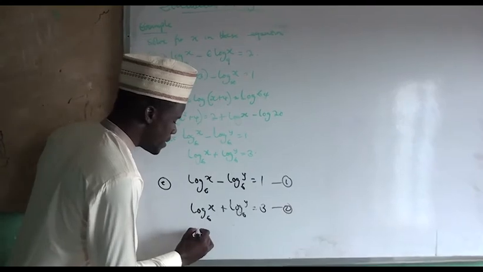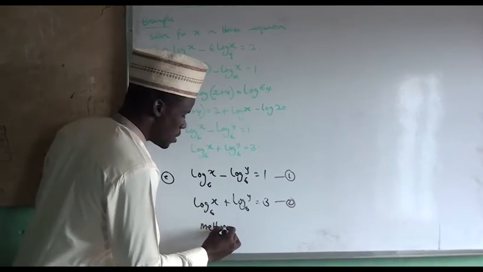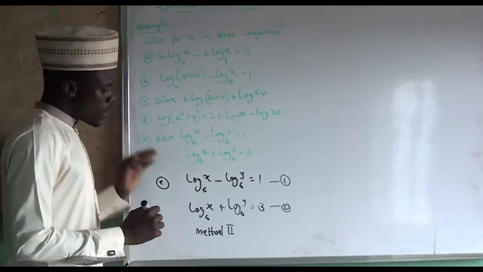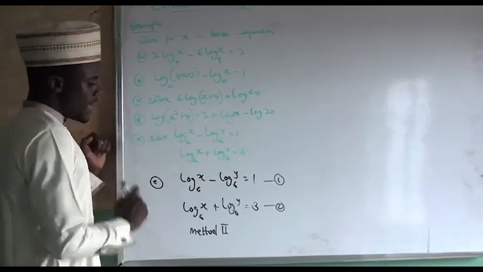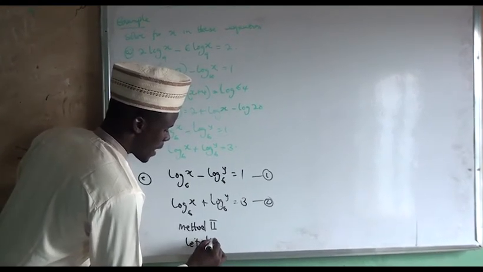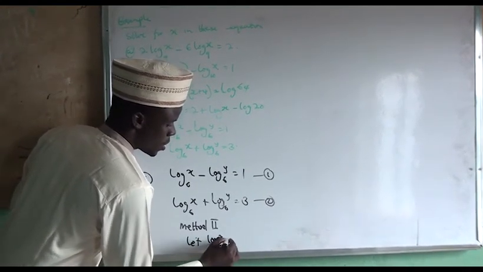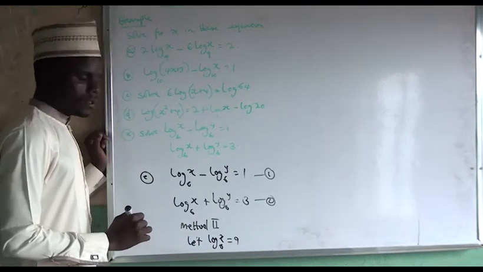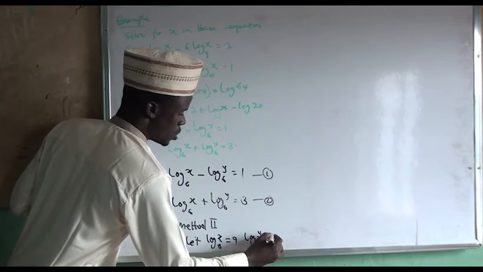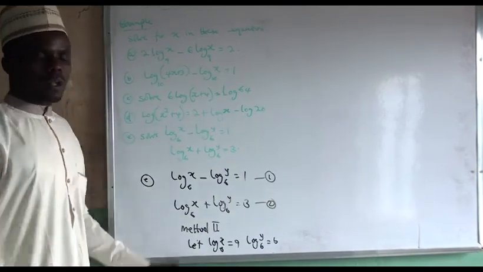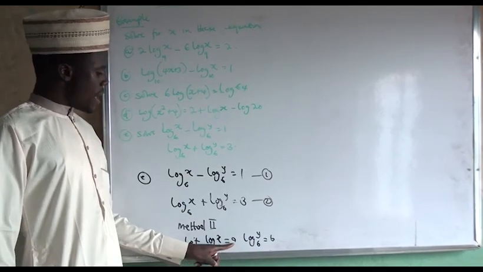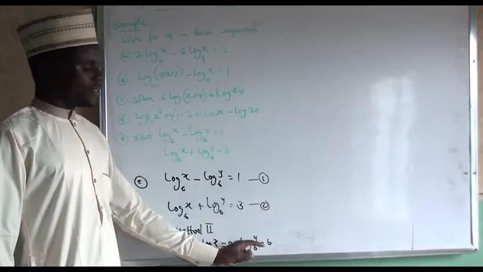Now let's try the other method. That is method 2. In the second method, we take log x base 6 equals a, and log y base 6 equals b.